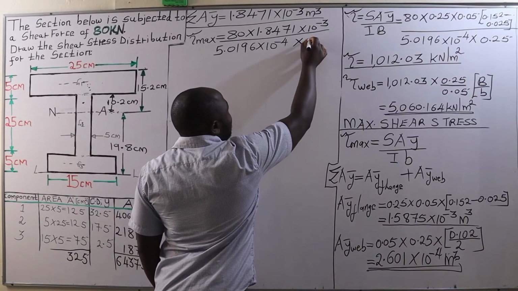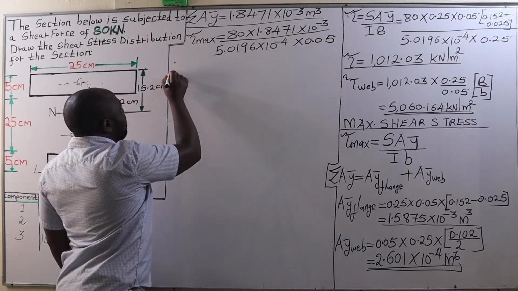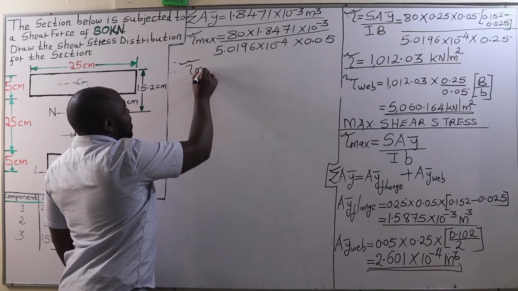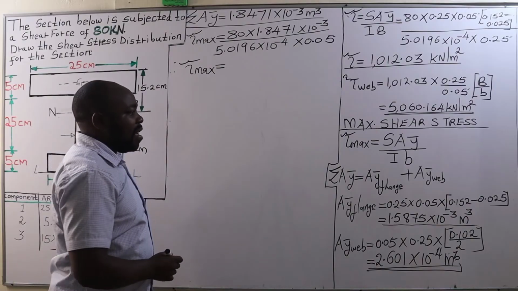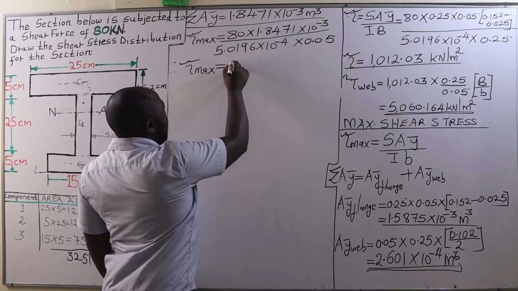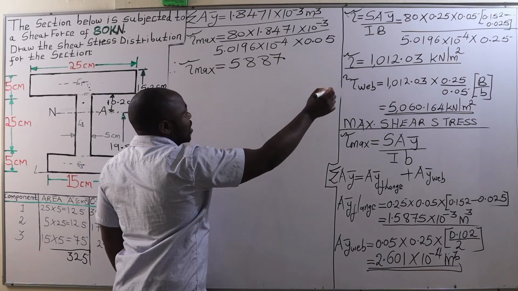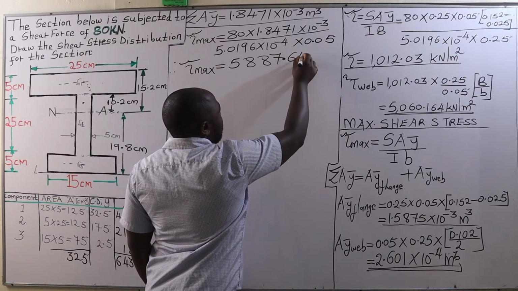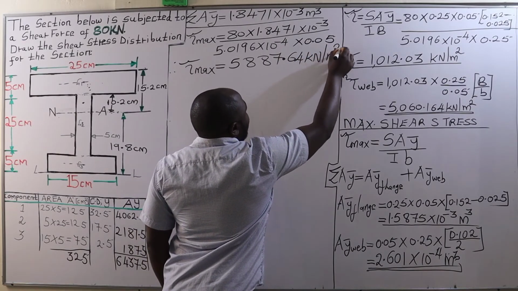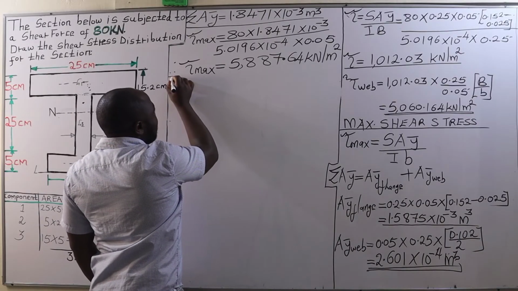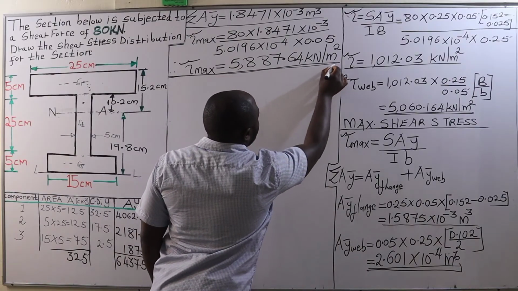In meters, that is 0.05 meters. And therefore, the maximum shearing stress about the neutral axis will be equal to 5887.64 kilonewtons per square meter. So that is our maximum shearing stress.